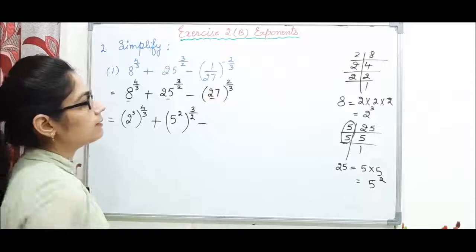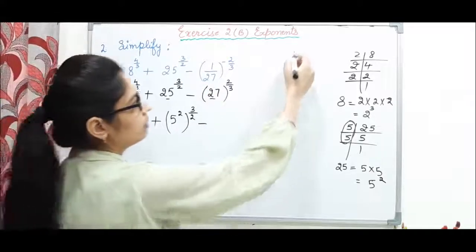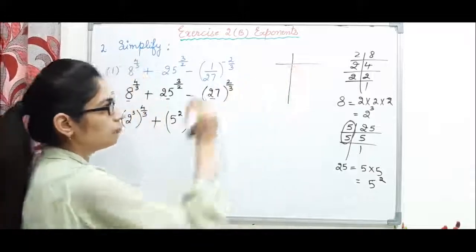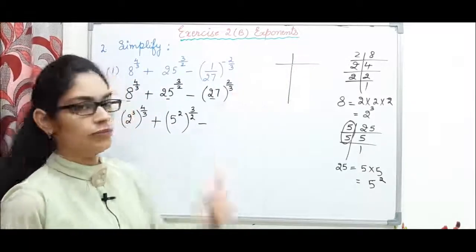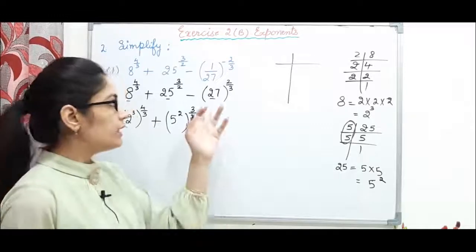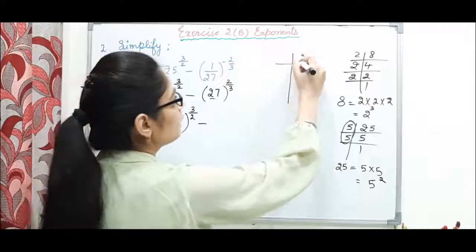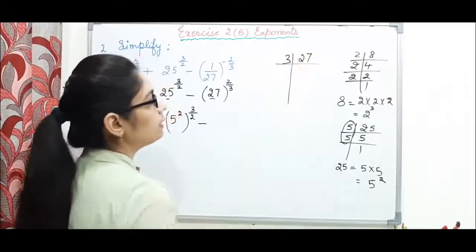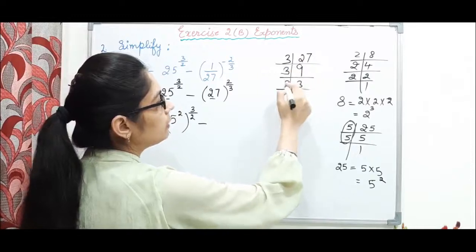Now 27. For 27 also we have to write it in its exponential form because the power is a fraction. Whenever you see that the power or the exponent is a fraction, always change the base into its exponential form. So 27, multiple of 3: 3 into 9, 3 into 3 and 3 into 1.